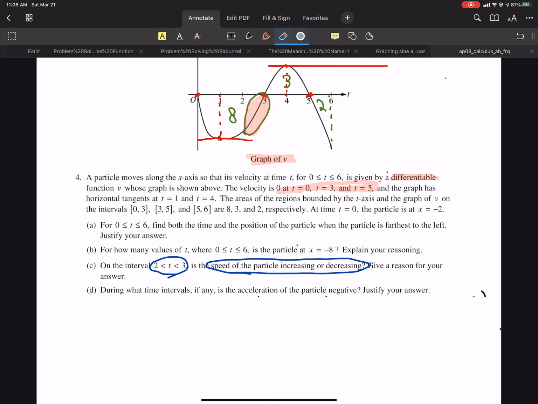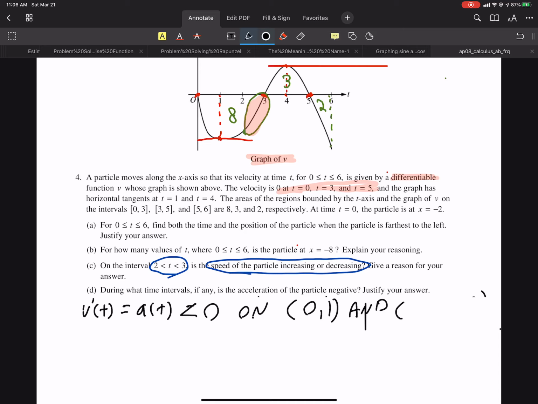So if you look in the graph, we can state that v prime of t, which is a of t, is negative on the interval from 0 to 1 and 4 to 6. And why? Well, we know that if v is decreasing, v prime will be negative.